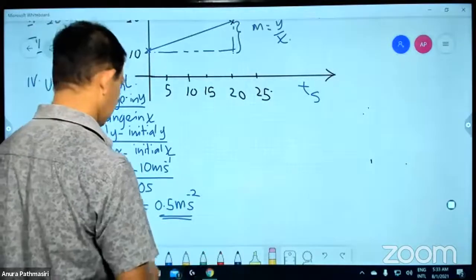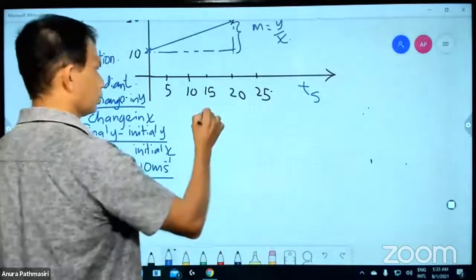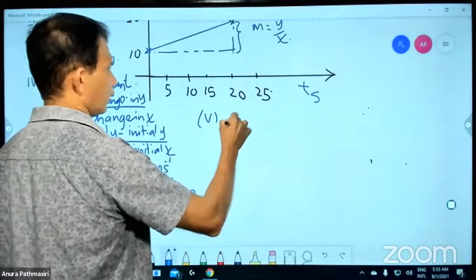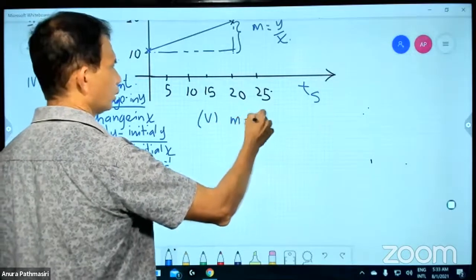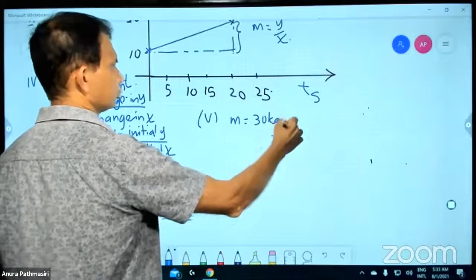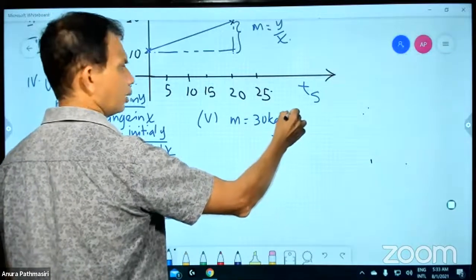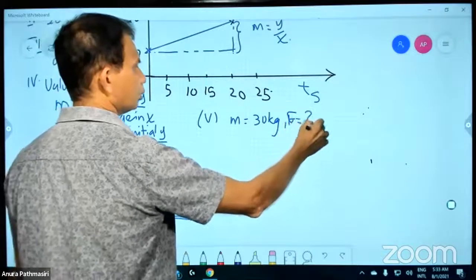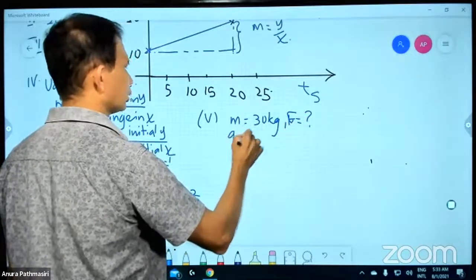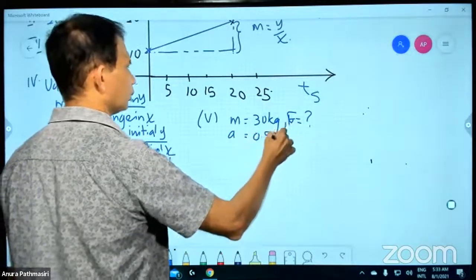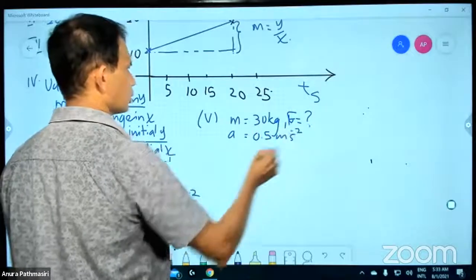This is the fifth question. M equals 30 kilograms. F equals ma. F we don't know. Acceleration is 0.5 meters per second squared.